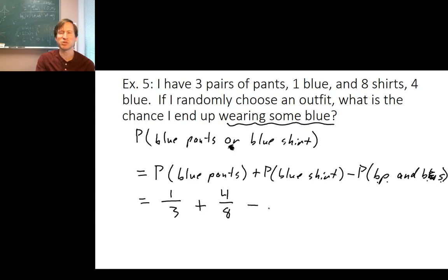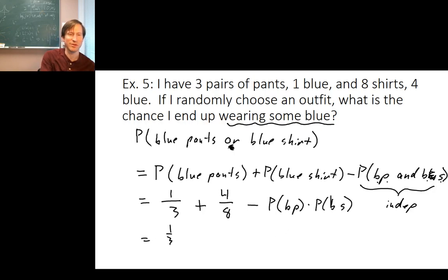And now I have to subtract the chance of getting blue pants and a blue shirt. Well, in this situation, choosing pants and choosing a shirt, those are independent. So this last probability, because these two things are independent, we can use our formula for the probability of independent events. It's the probability of getting blue pants times the probability of getting a blue shirt.